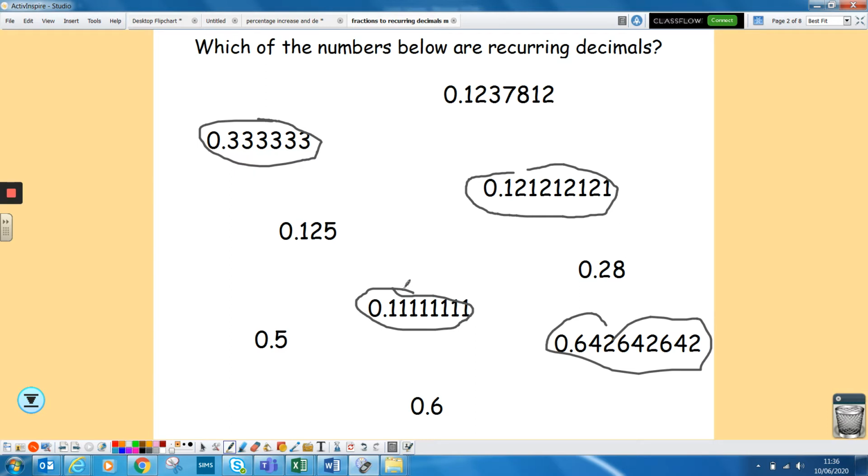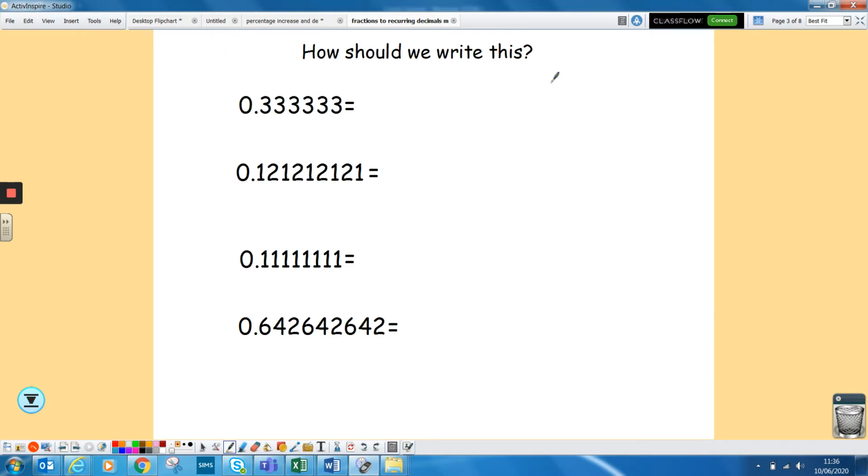Obviously, we can't leave these numbers like this, so to be able to write it, 0.33333 we would write as 0.3, then you put a little dot above it. That little dot there shows that it's recurring.